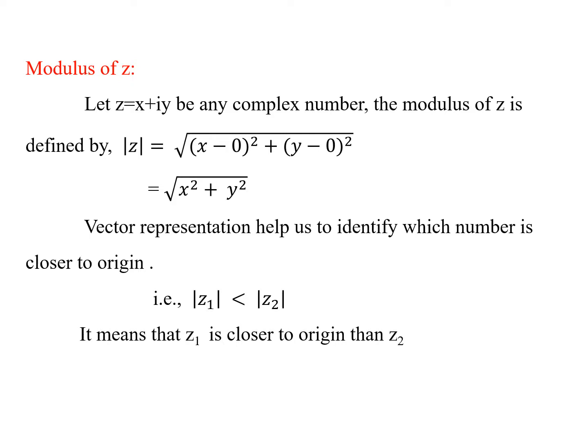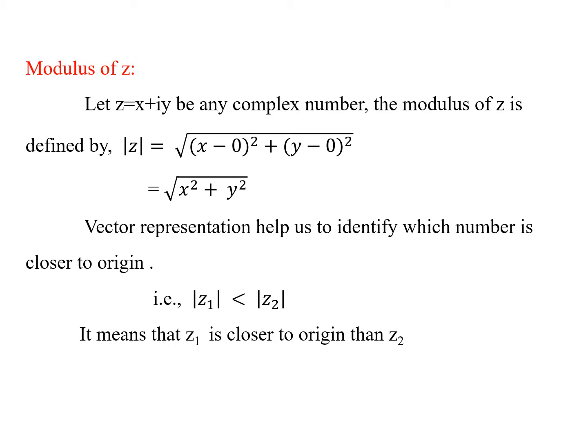What is the modulus of a complex number? Let Z be any complex number, Z equal to x plus iy. Then the modulus of the complex number is defined by mod Z, that is, mod Z equal to the square root of the real part squared plus the imaginary part squared. In the last video we saw how to find the modulus.